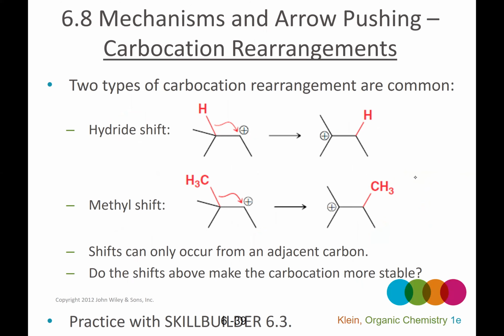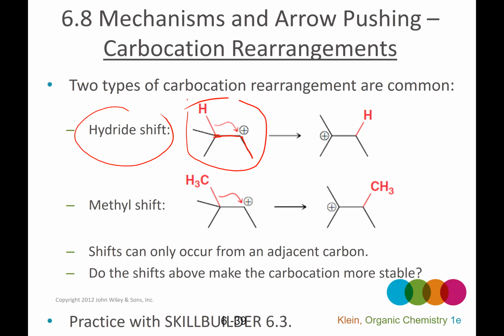Now, carbocations, if they can, sometimes undergo a rearrangement, and what drives that is the formation of a more stable carbocation. So there's 2 types of rearrangements that carbocations undergo. One is called the hydride shift. So if you look at this carbocation, it's secondary, right? 1 carbon, 2 carbons.